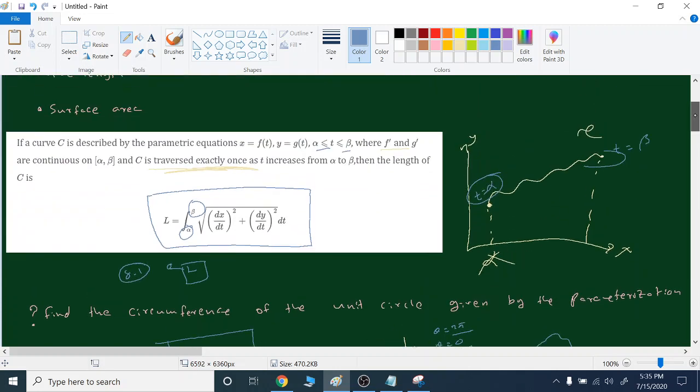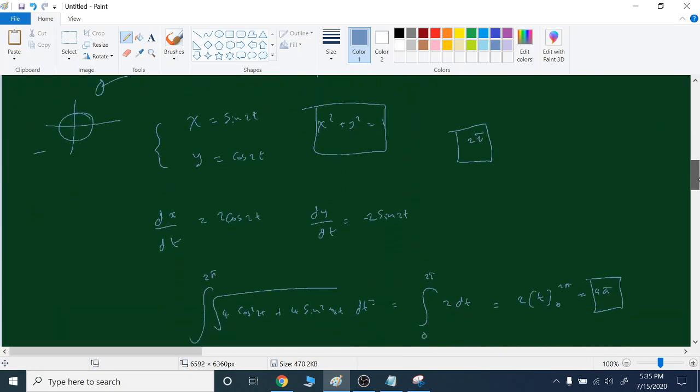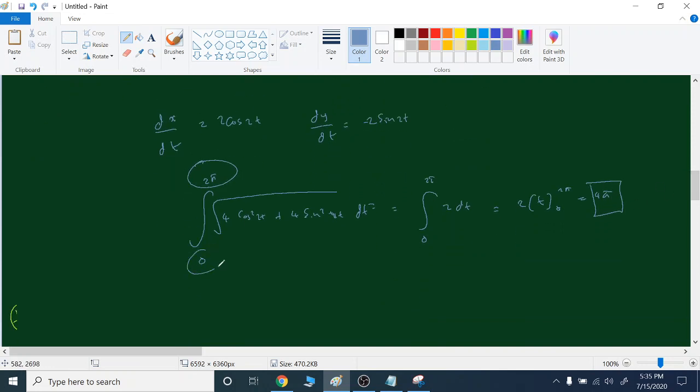Now that is related with this traversing exactly once, right? The problem here is that if you consider these two endpoints, we will be completing the circle 2 times, right? Remember, I did this example in a previous video as well.